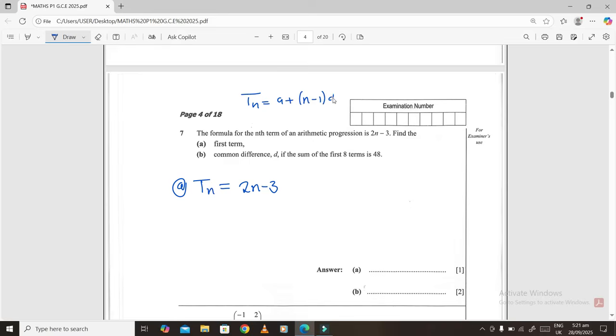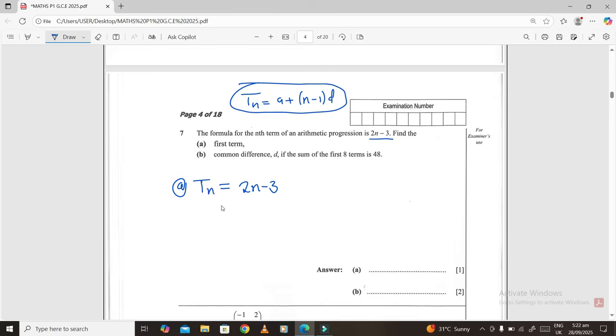I know most of you think about this formula, but sometimes examiners will give you their own formula. So get that formula in front here, just write Tn is equal to what they've given you.